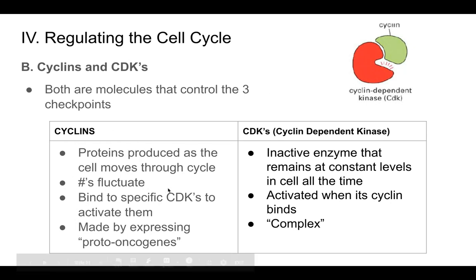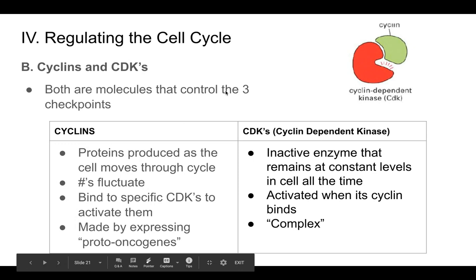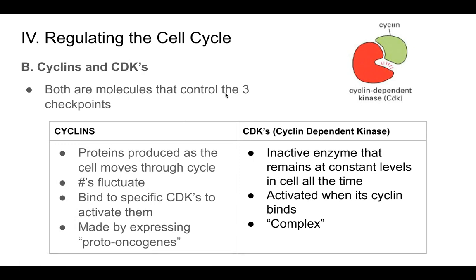Cyclins, and this is this section of the chart right here. Cyclins are proteins whose levels increase and decrease as the cell moves through the cell cycle. So their numbers fluctuate. We build them up and then we break them down, okay? They bind to specific cyclin-dependent kinase molecules.